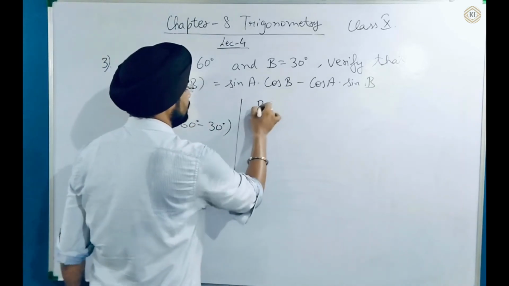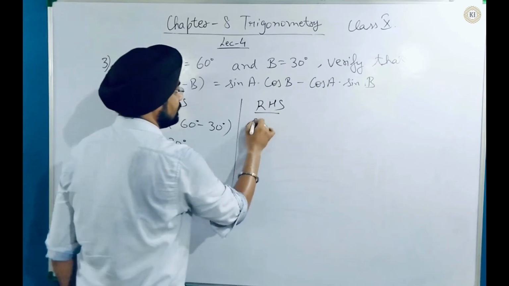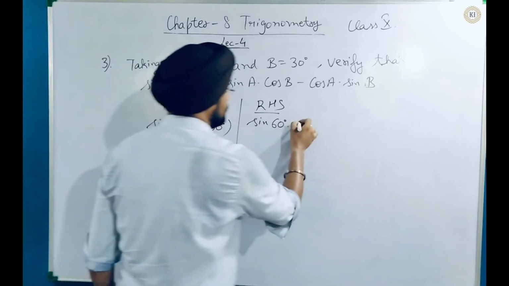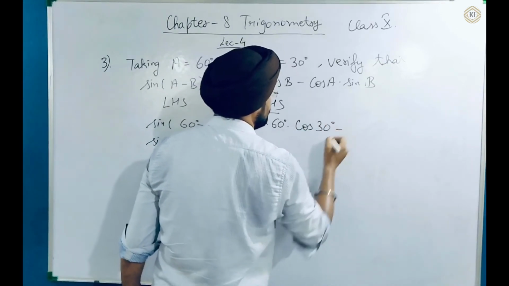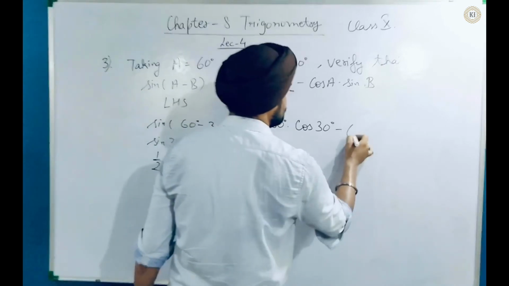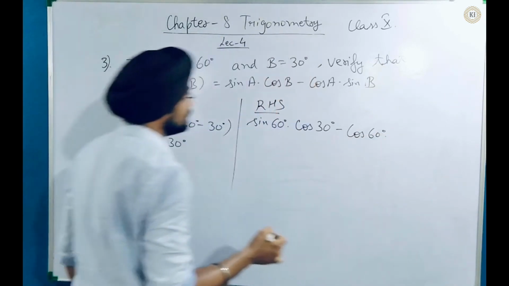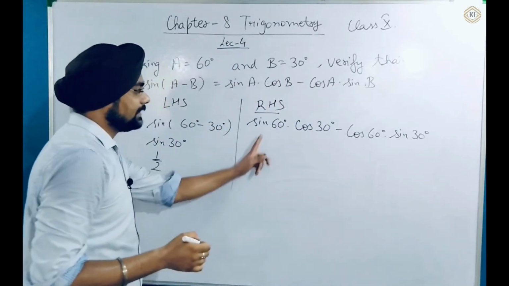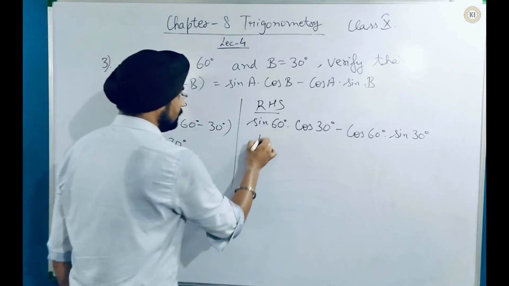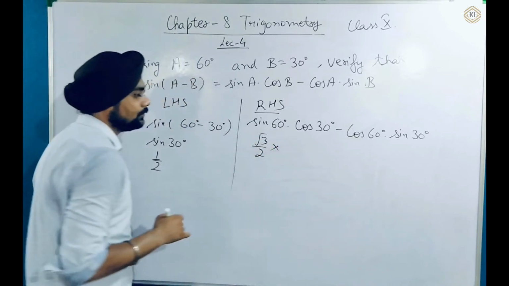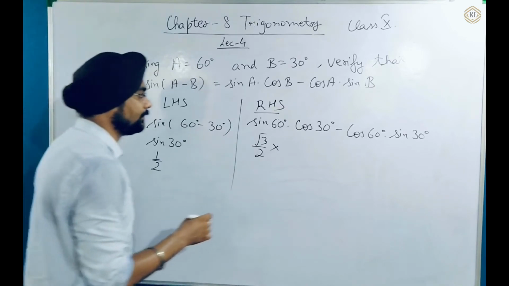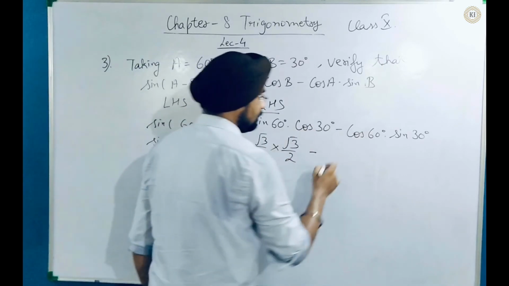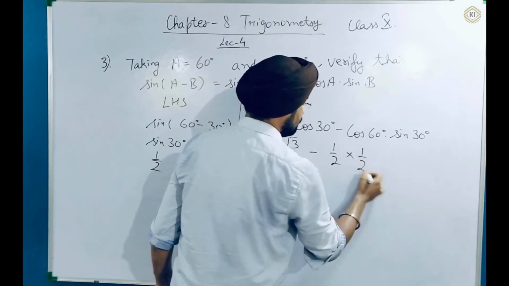So now we take the right hand side: sine A, that is sine 60 degree, into cos B, that is cos 30 degree, minus cos A, that is cos 60 degree, into sine B, that is sine 30 degree. So sine 60 degree value is root 3 by 2 into cos 30 degree value is again root 3 by 2, minus cos 60 degree value is 1 by 2 into sine 30 degree value is 1 by 2.